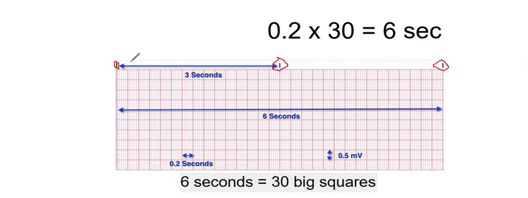In real life, 15 squares will give you 3 seconds, and another 15 squares will give you another 3 seconds. So 3 and 3 will give you 6 seconds. The whole strip is going to be a 6-second EKG strip. So you always look at a 6-second EKG strip in order to calculate heart rate. We'll get to that in another video, but we just want to do the basic part right now. So you look at the gridding system.